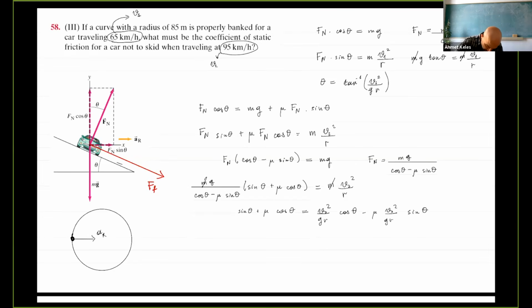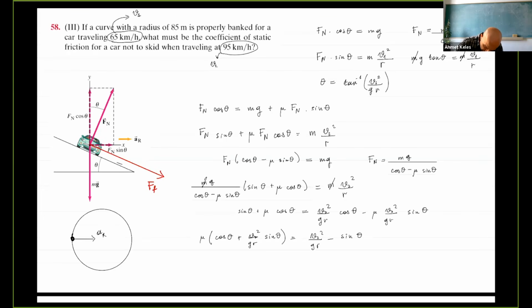And now I collect mu on one side: mu times cosine theta plus V2 squared over gR sine theta should be equal to V2 squared over gR minus sine theta.